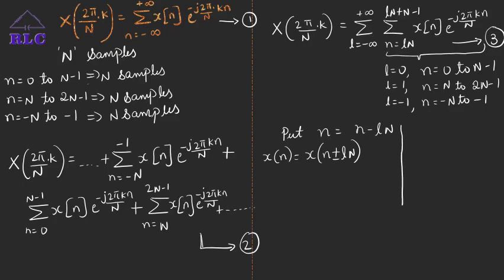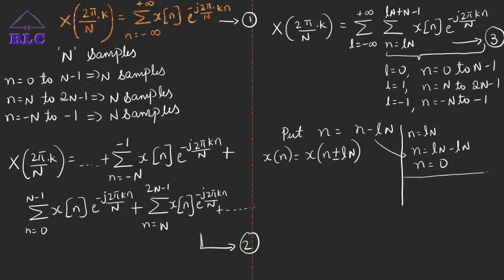So the first summation is n is equal to LN. The lower range of summation we are considering is n is equal to LN. If you substitute n is equal to LN in this expression here, you will get the n range from n is equal to LN minus LN. So the lower range is 0.